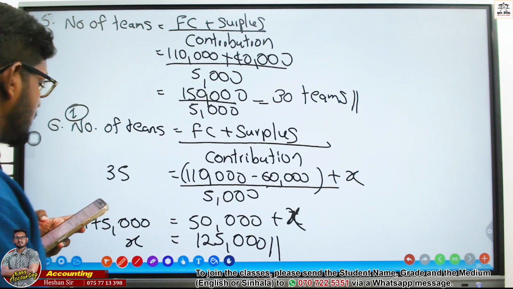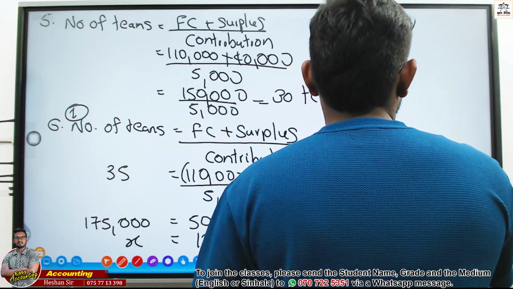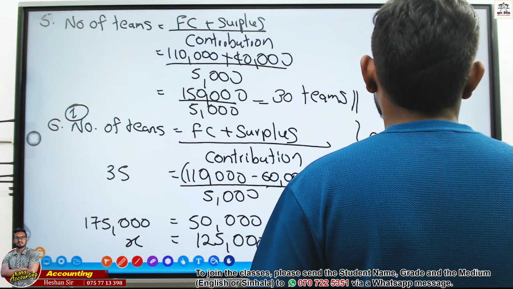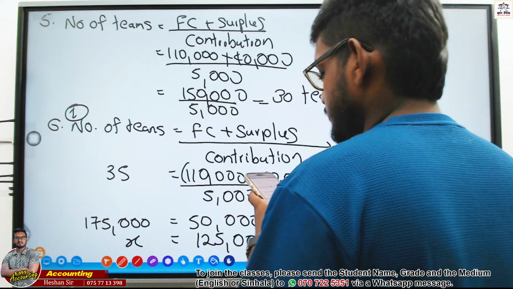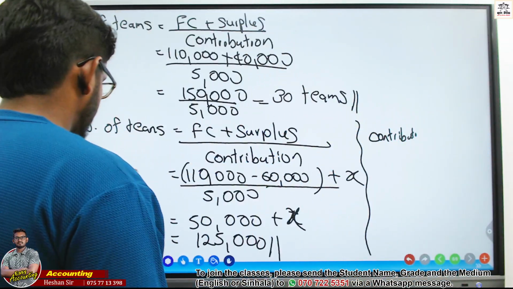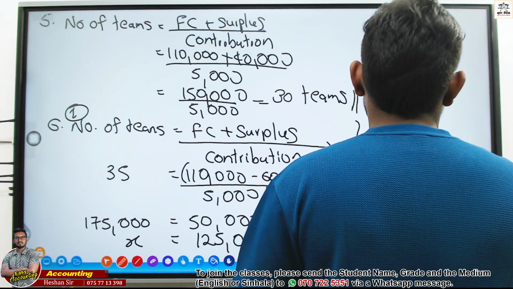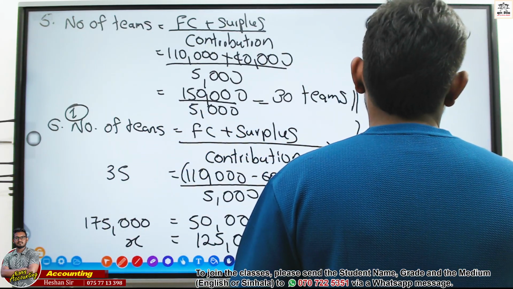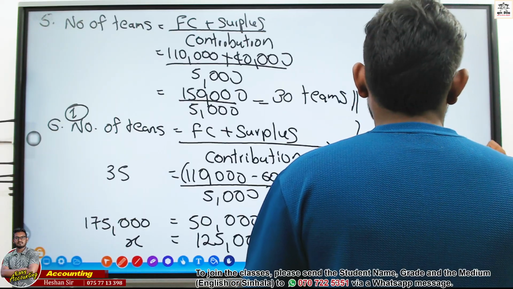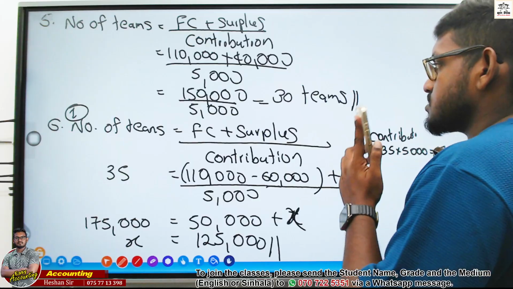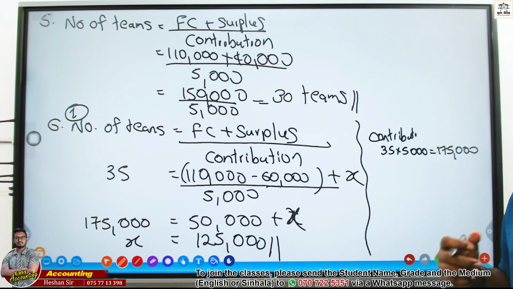You can also do this with another method. Take the contribution: there are 35 teams, right? 35 teams multiplied by team contribution of 5,000 is 175,000. Deduct the fixed cost and you will get the answer.